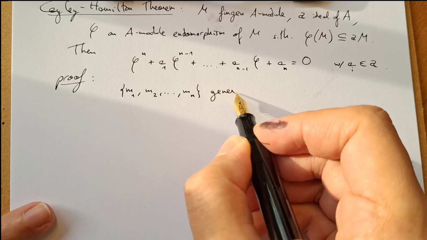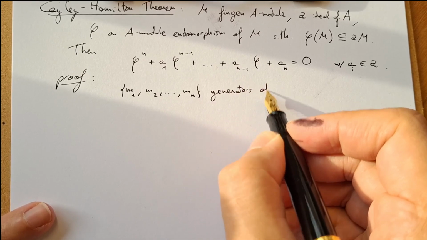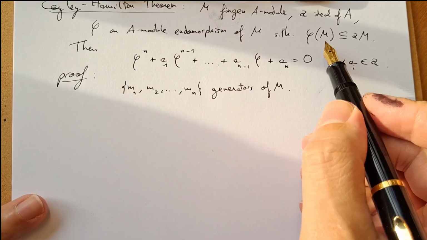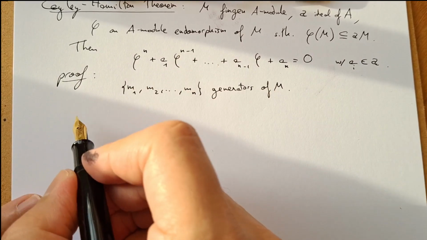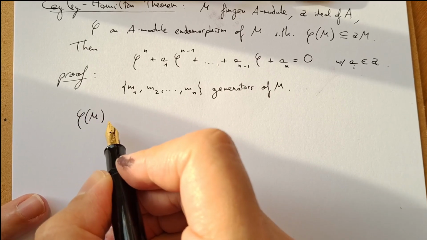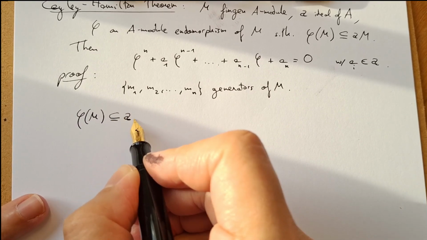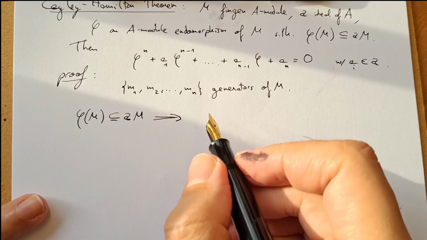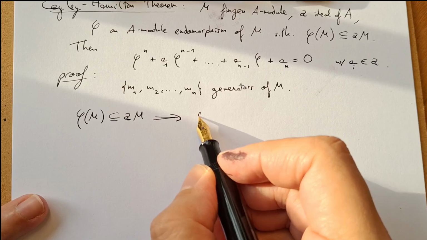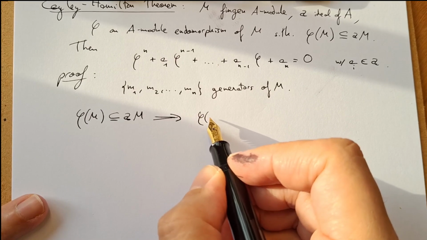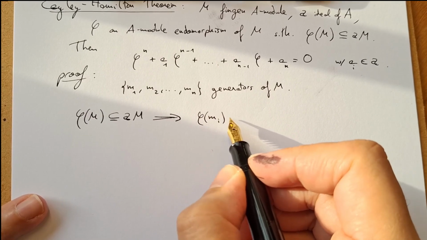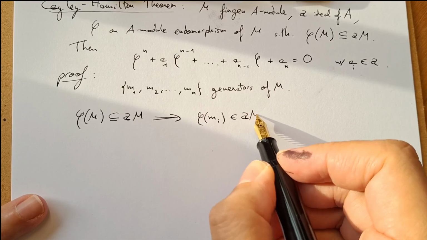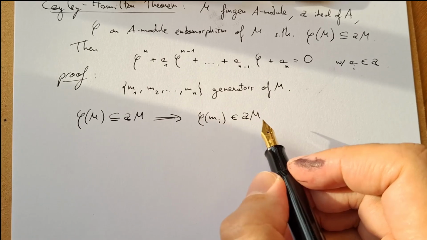Those are the generators of M. Now, here we have that psi applied to M is a subset of aM. Thus, when we apply psi to any of those generators, we have an element belonging to the ideal a multiplied by the module M.